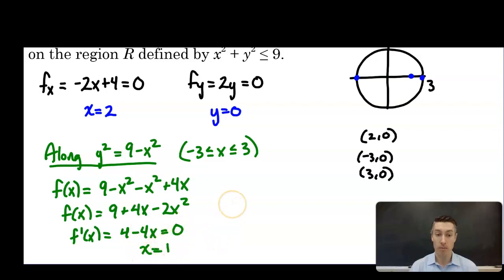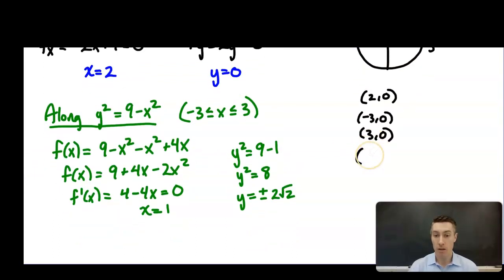So x equals 1, which means y squared equals 9 minus 1, y squared equals 8, y equals plus or minus, I will simplify the radical here, 2 square root of 2. It doesn't really make a difference. In certain aspects, leaving it as square root of 8 might actually be easier for evaluating. But we'd have 1, 2 square root of 2, and 1, -2 square root of 2. So there are the 5 potential points where the function's going to have either an absolute maximum or an absolute minimum.